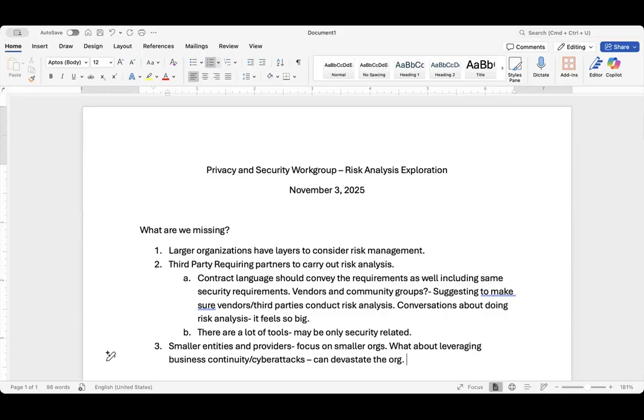Exactly. And then the other issue that I found is that some of the tools are fantastic. As you mentioned, OCR and ASTP have some tools, but most of them are tools that ask questions. They say, here's the section in the law which talks about this, and you must do the following. They need a tool that actually fills in the blanks, because they don't know how to answer the questions unless they hire a consultant for thousands of dollars.